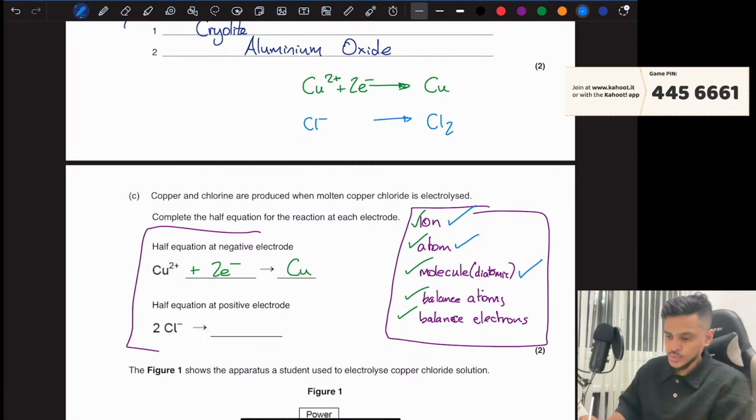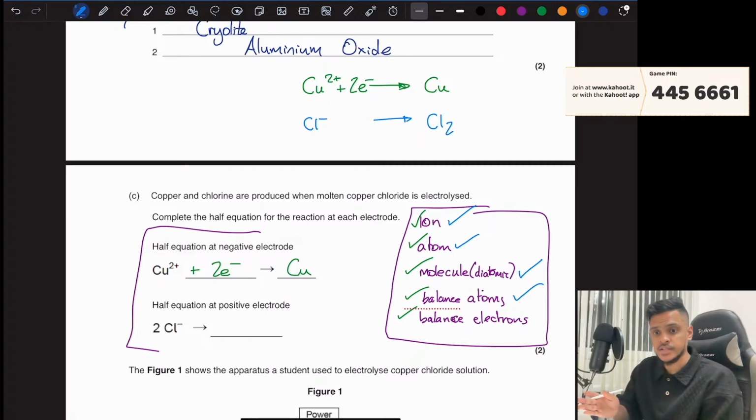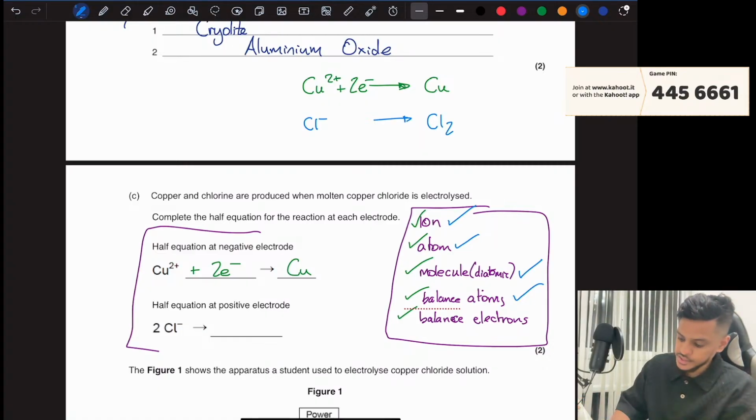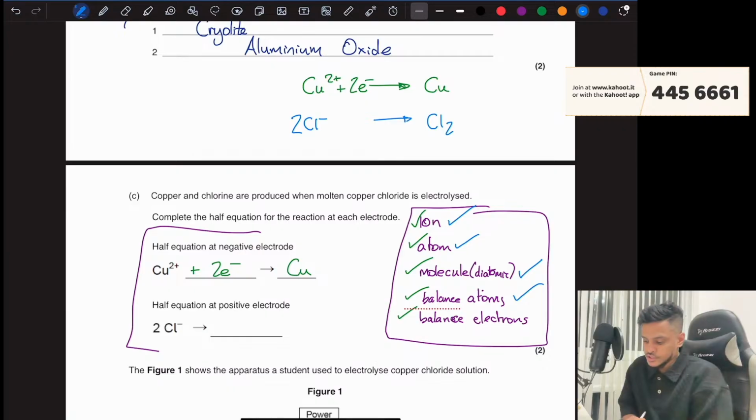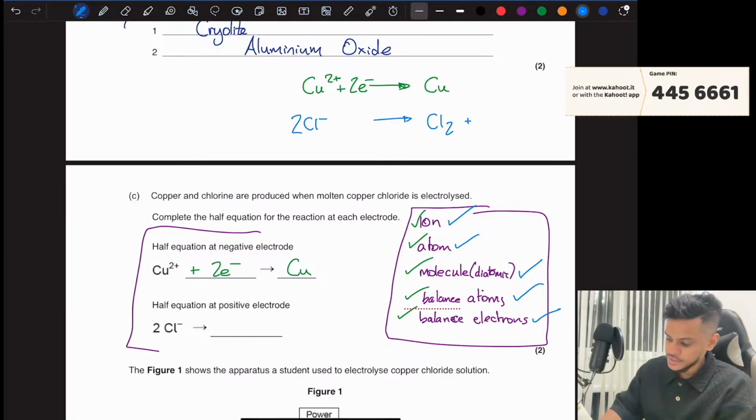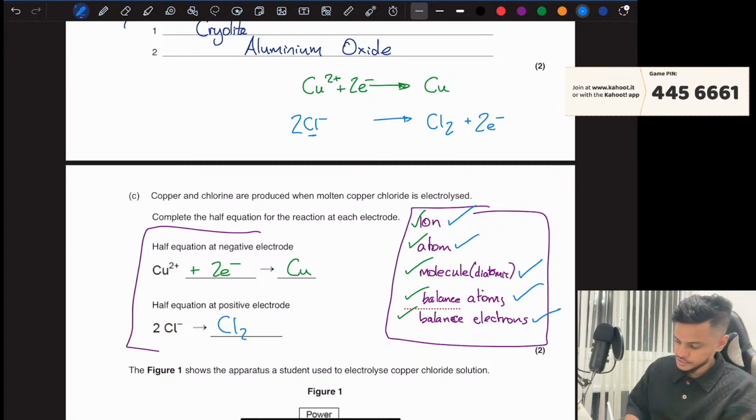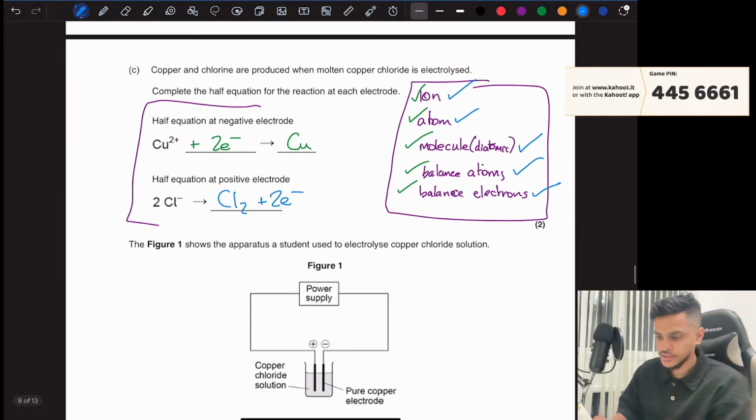Now we need to balance the atoms. We've got 2 chlorines on the right, so we need 2 chlorines on the left. Balance that out: 2Cl-. Done. Now, how many electrons do we need? Each chlorine atom is losing 1 electron, so in the end we get 2 electrons, 2e-. So the answer here is 2Cl- goes to Cl2 plus 2e-. Well done, those of you who got that.